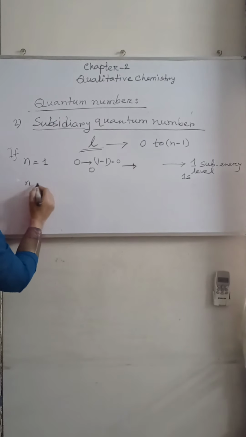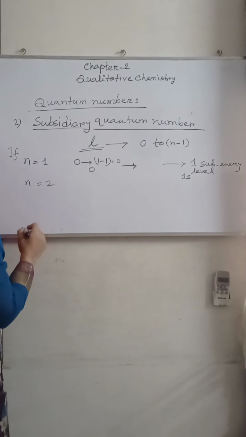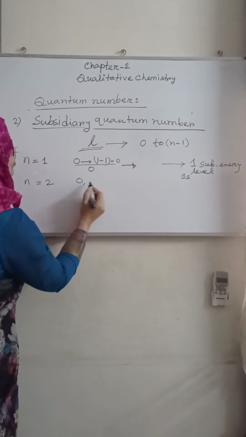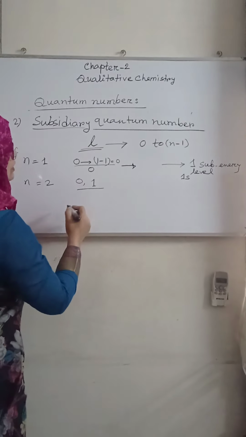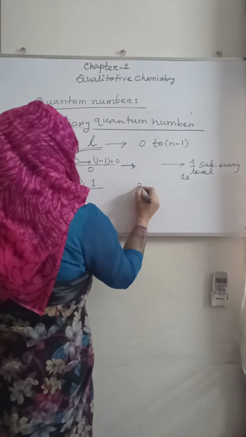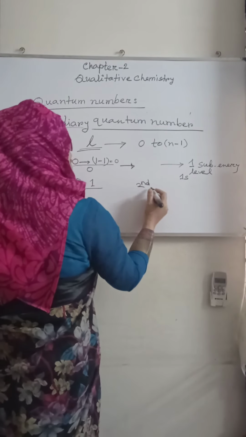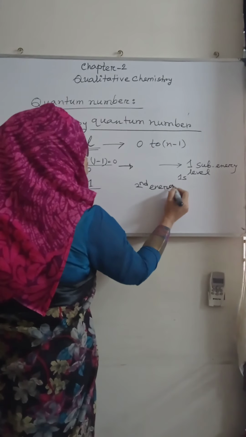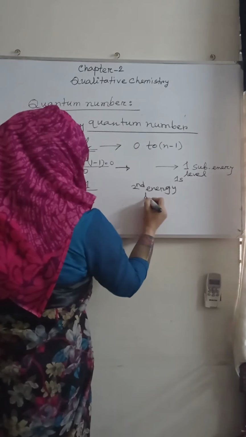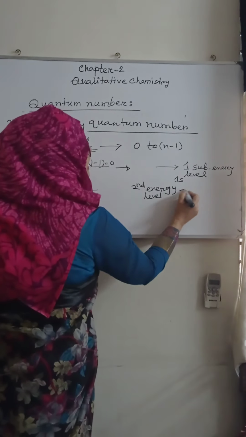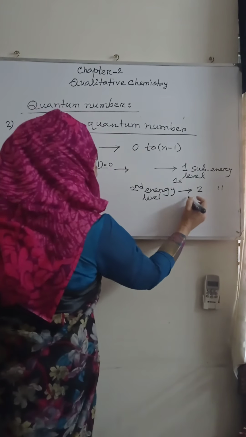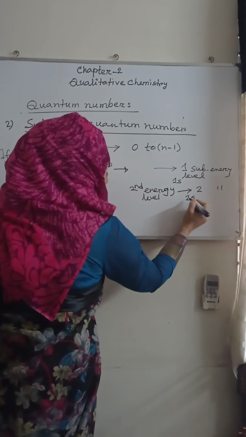When n equals 2, the value of l is 0, 1, that means 2 values. So the second energy level has two subshells, which are represented by 2s and 2p.